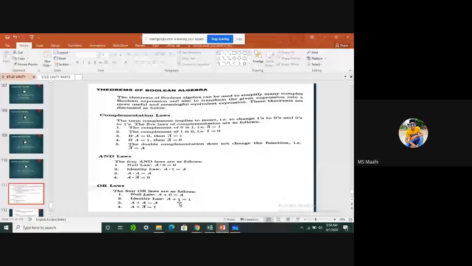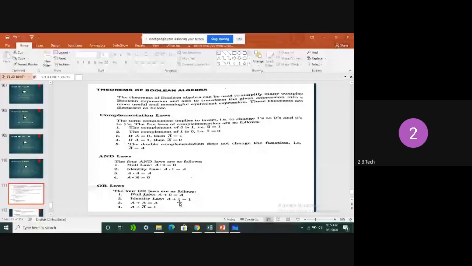If you take A equals 0, 0 plus 1 is 1, because plus means OR here. 0 or 1 is again 1. If you take 1 instead of A, 1 plus 1, 1 or 1, is again 1. So A plus 1 is always equal to 1.